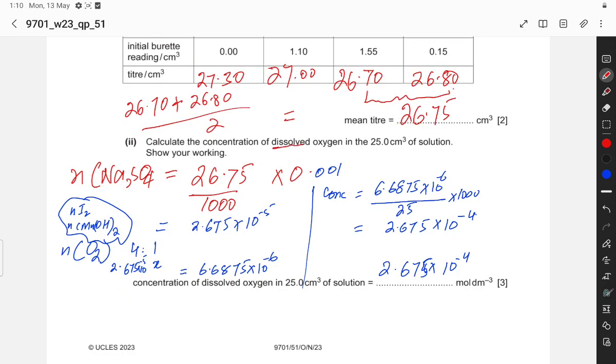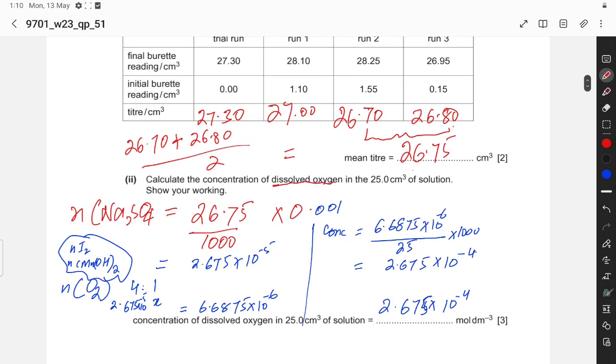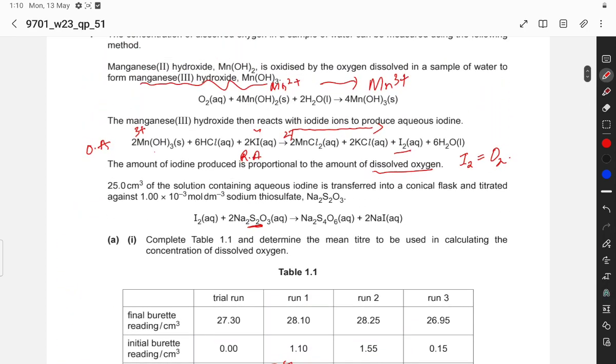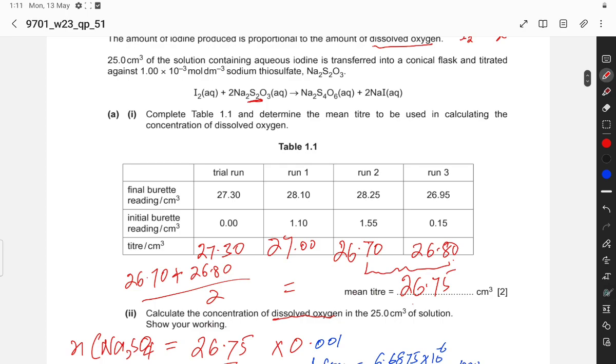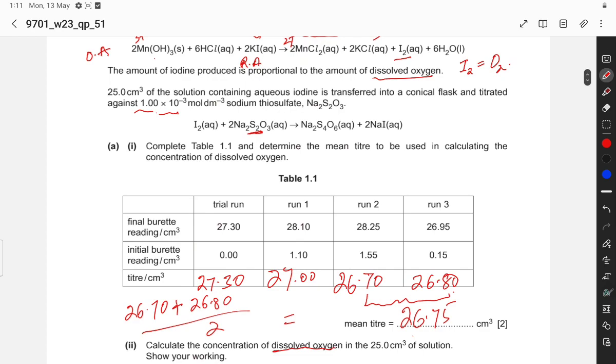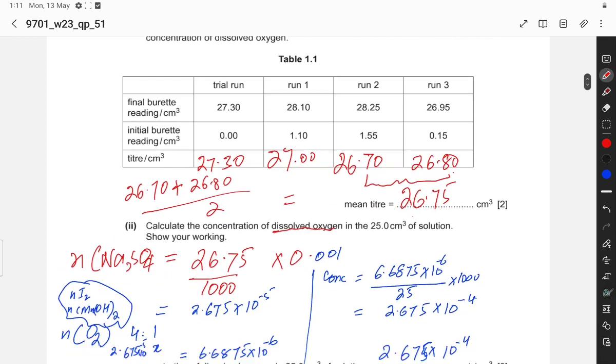Calculate the concentration of dissolved oxygen in the 25 cm³ of solution. So first calculate the moles of sodium thiosulfate, which is 26.75 in 1000 dm³ times 0.001. This is the concentration of sodium thiosulfate in mol per dm³.